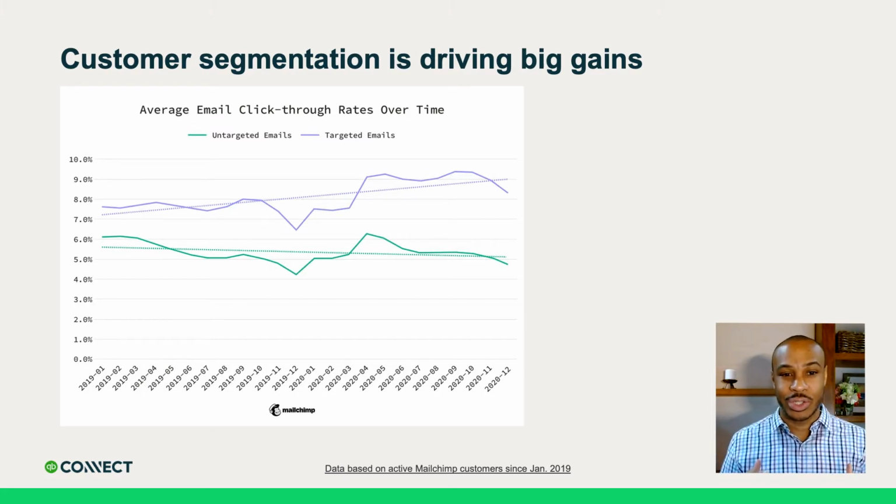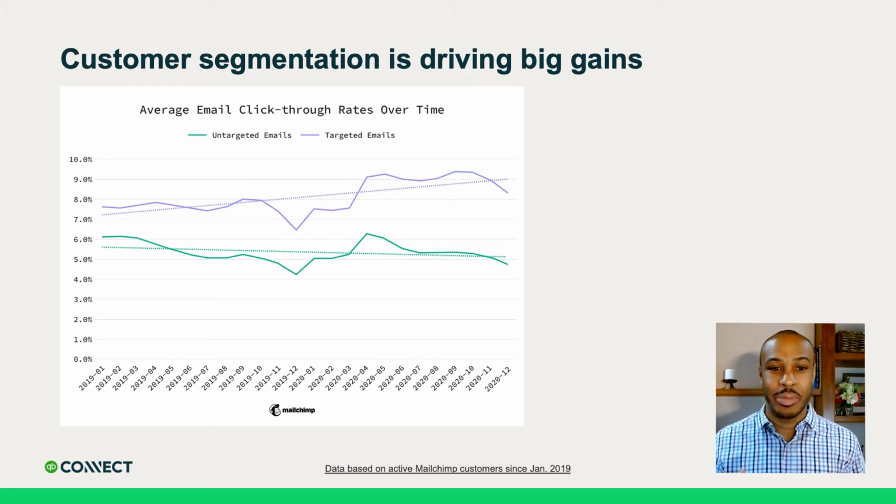We are also seeing a trend in regards to how people are being successful with sending campaigns through Mailchimp. What you see here is the average email click-through rate over time for people who are sending targeted campaigns, which are campaigns that have some sort of segmentation, compared to untargeted campaigns, meaning campaigns that are sent to basically their entire audience without any sort of segmentation within that.